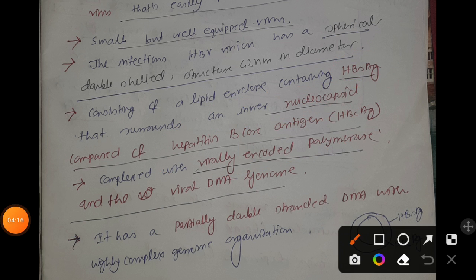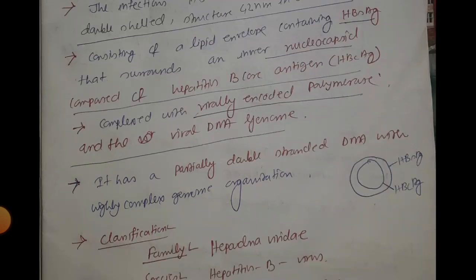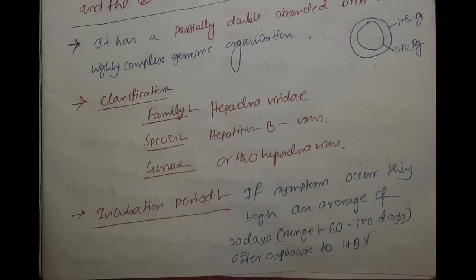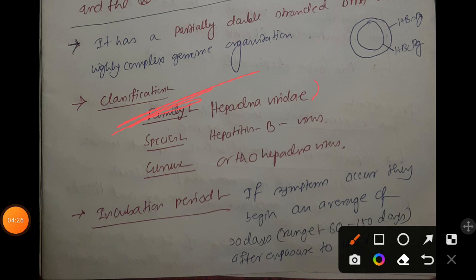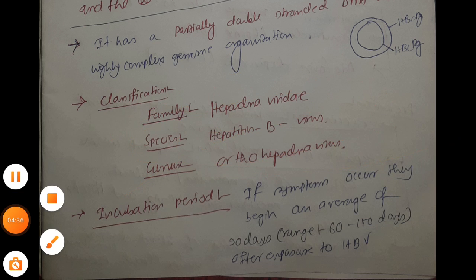It is complexed with the viral encoded polymerase and the viral DNA genome, which is partially double stranded. That is very important information. The family is Hepadnaviridae, the species is hepatitis B virus, and the genus is Orthohepadnavirus.